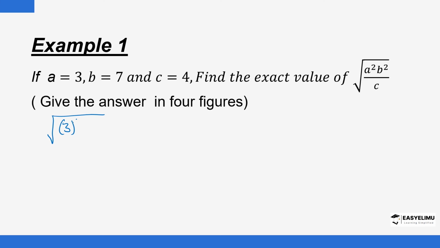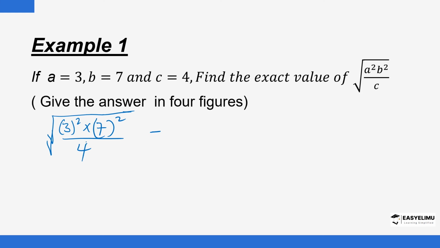So 3 squared, multiplied by b squared, and b is 7, and then divided by c, and c is 4. Find the exact value of that, giving your answer in 4 figures.